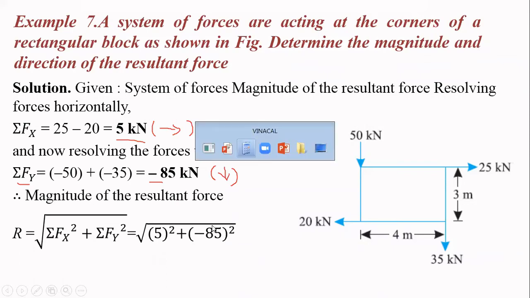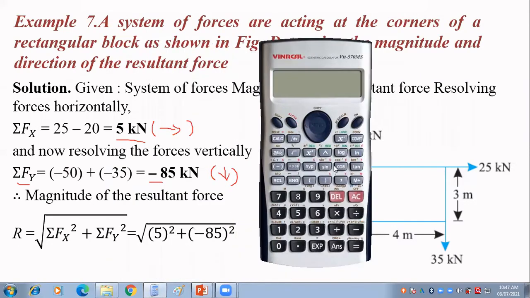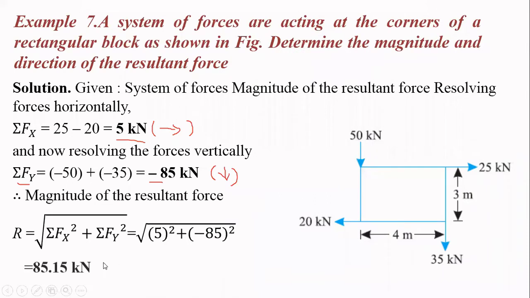Let us solve this: square root of (5 squared plus 85 squared) is equal to 85.14. Resultant R is 85.14. By simple methods we can easily find this.